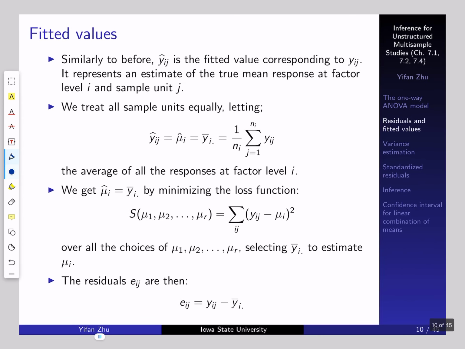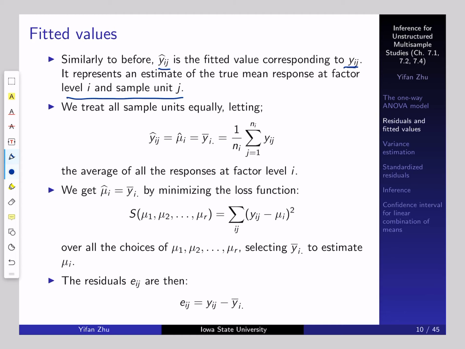So to fit this model, what we do is like this. We use the Yij hat to denote the fitted value corresponding to the observation Yij, and it is an estimate of the true mean response at factor level i in the sample unit j.